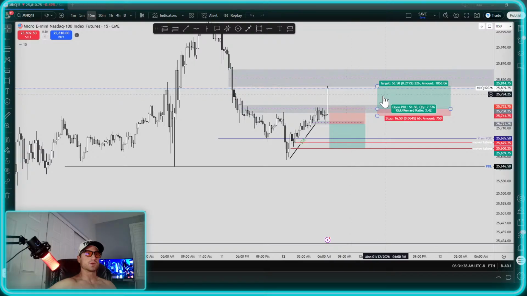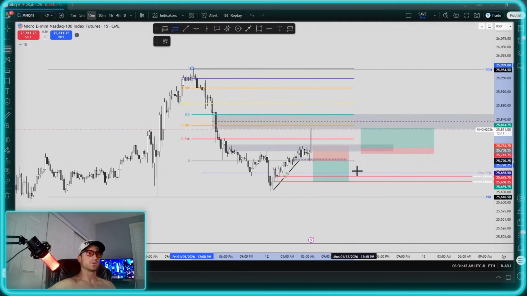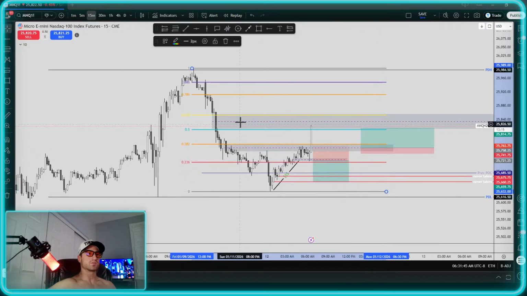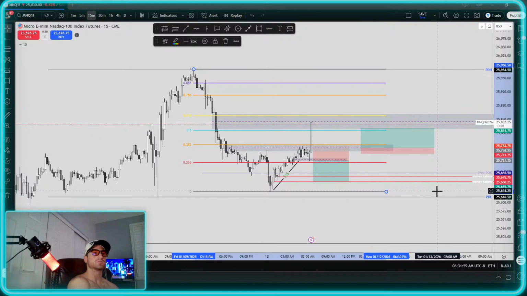If we get some rejection here, let's see where this is at. On this range, we are going into the golden zone, right? I don't know, I don't see sellers coming in for this open.